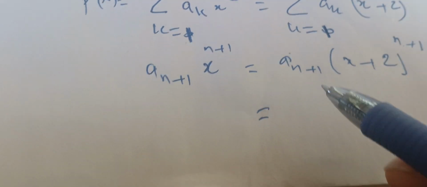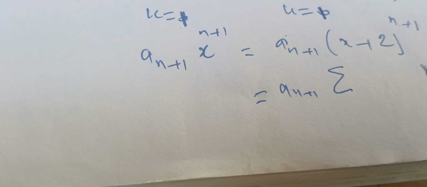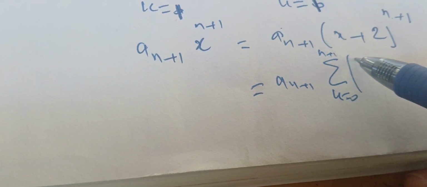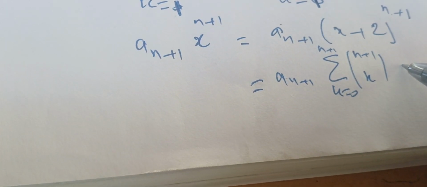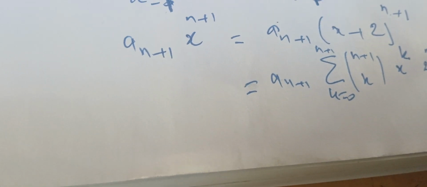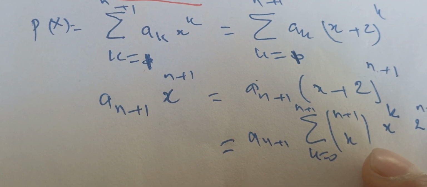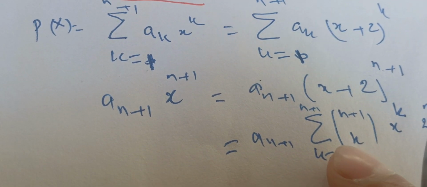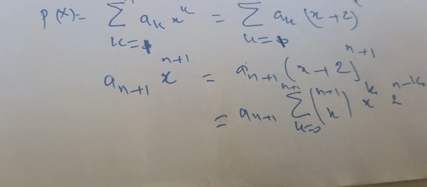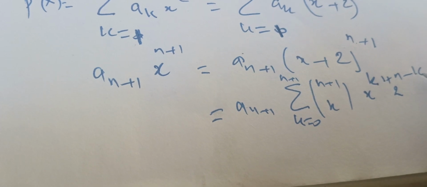So here we have a_{n+1} times the sum, k going from 0 to n plus 1, of (n+1 choose k) x to the power k times 2 to the power n plus 1 minus k.